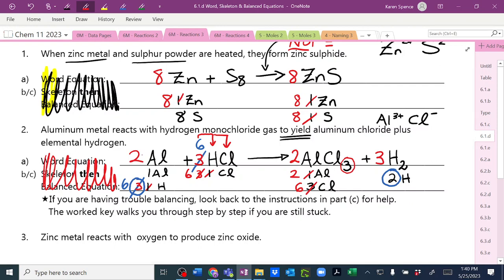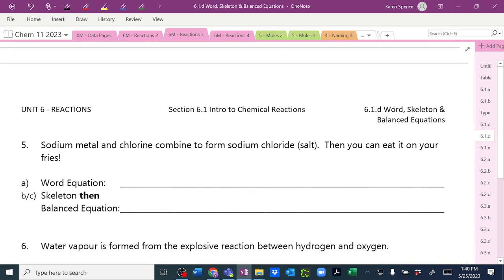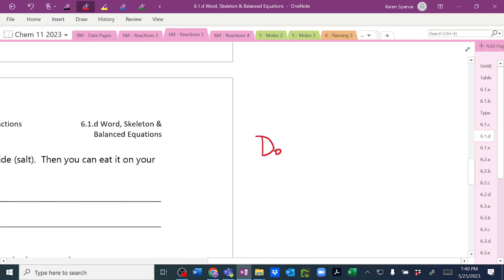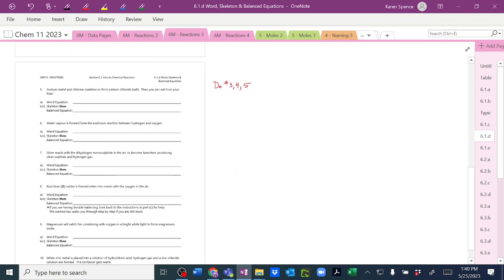What I would like you to do for homework is questions 3, 4, and 5. And then I would like you to do 6.2a. So do number 3, 4, and 5. That's on pages 16 to 17.